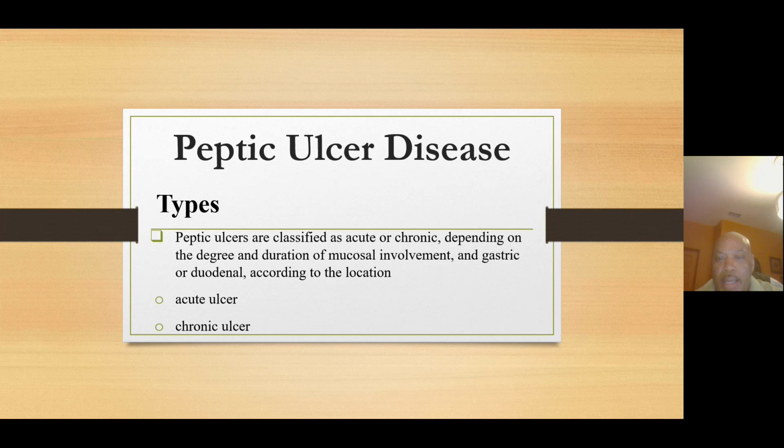They are also classified as gastric and duodenal, according to location. So again, we're talking about acute and chronic. Now, I just showed you figure 41.9. The acute ulcer is associated with more superficial erosion and minimal inflammation. So just think back to the figure that I showed you earlier.